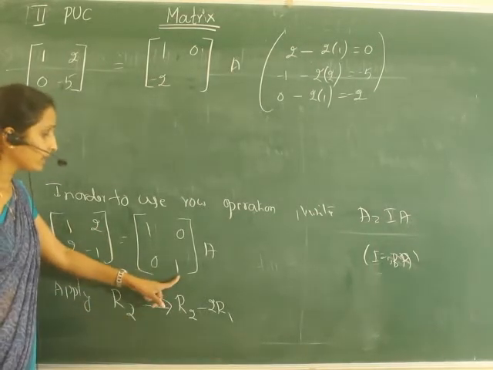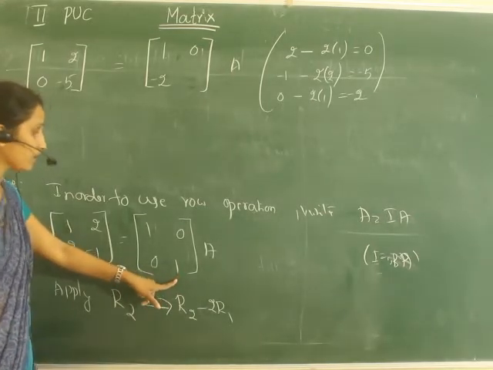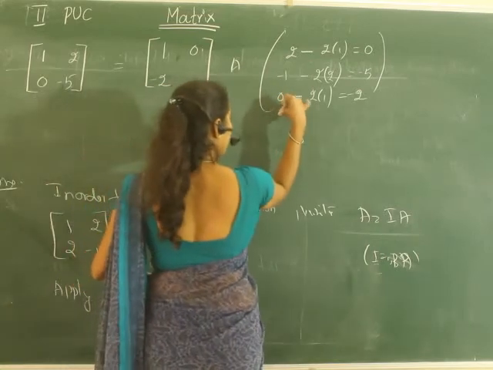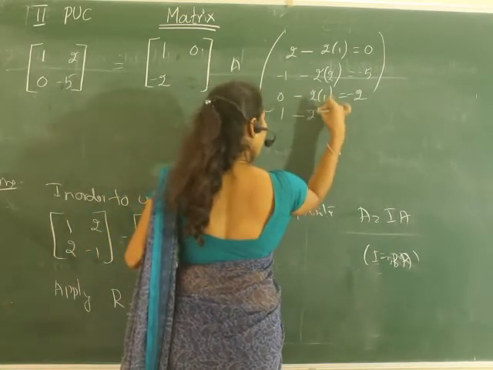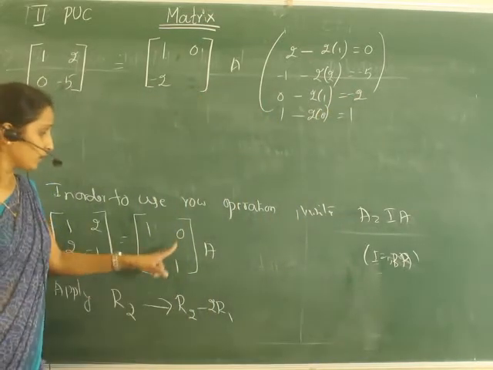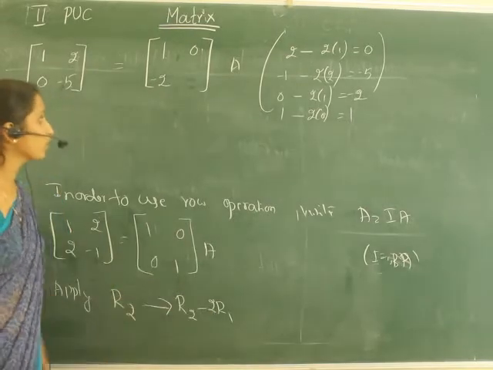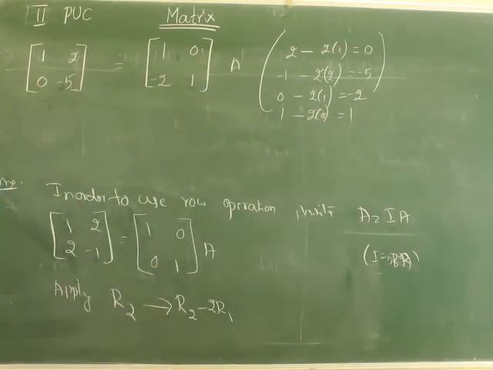Next, 1 changes to 1 minus 2 into 0, which will be 1 only. So this is the matrix we get.